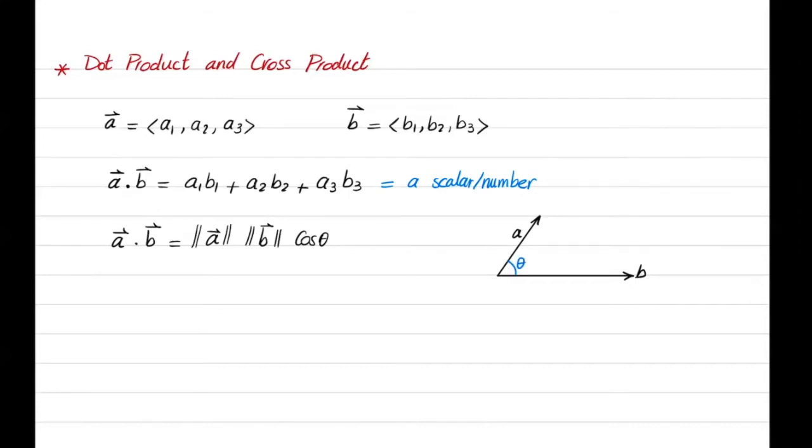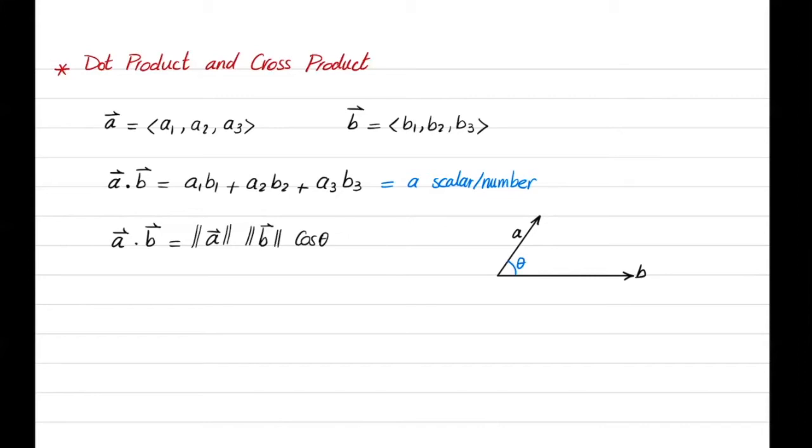Here, as you can see, if the angle theta between these two vectors is equal to 90 degrees, then cosine of theta, or cosine of 90 degrees, will be equal to 0. So now we can conclude that two vectors will be orthogonal to each other if and only if the dot product of those two vectors is equal to 0.